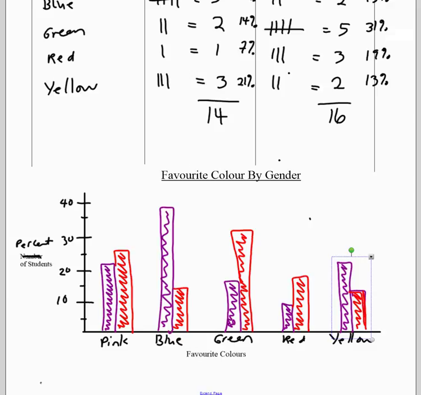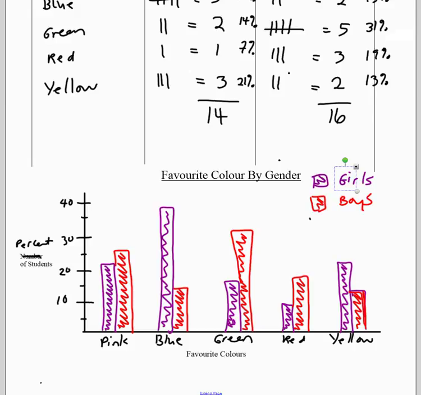I've got my title, I have my labels, but I need to explain what the purple box is and what the red box is. So I need to add a legend. So anytime you do a comparative bar graph, you need to add a legend that tells you that the purple one is what the girls thought and the red one is what the boys thought.